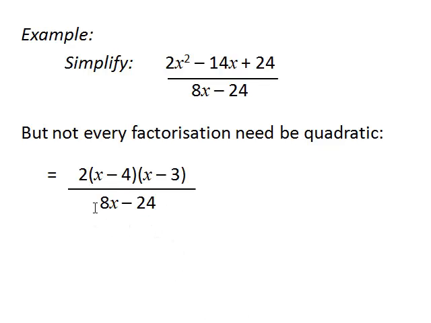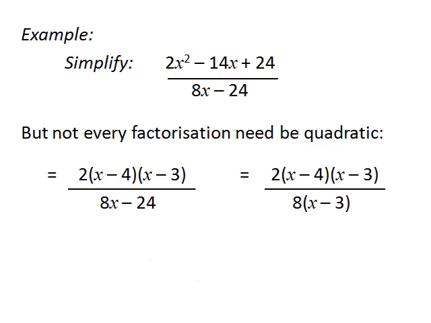So we look for a common factor, and we see that in fact the bottom line can factorise without being a quadratic. We can take the 8 out of that, and we get 8 times x minus 3. And surprise, surprise, we have a common factor to cancel out, and that gives us our answer. Except of course it doesn't, because 2 and 8 still have a common multiplication factor.